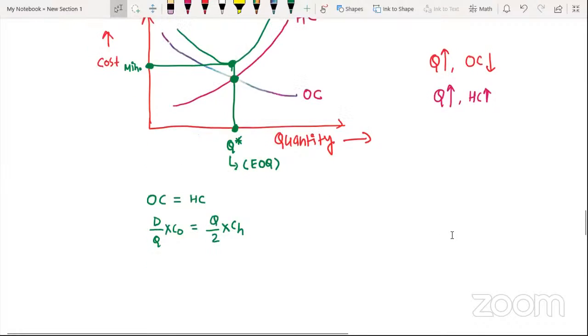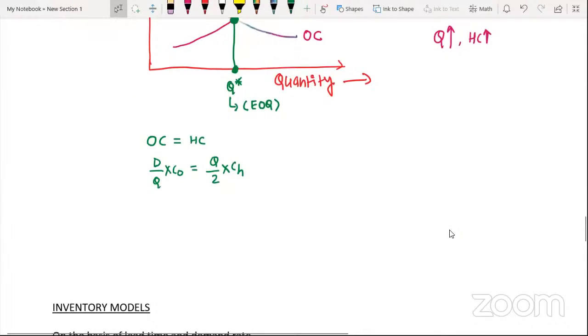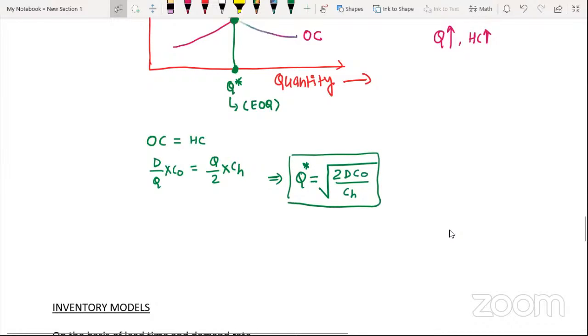Solving for Q, you will get Q equals under root of 2D C naught by CH. Since it is the optimum, this Q becomes Q star. Again, the same very important formula from the examination point of view.